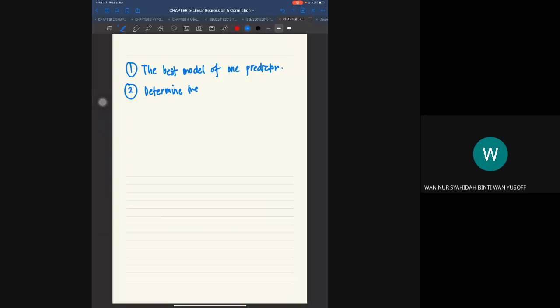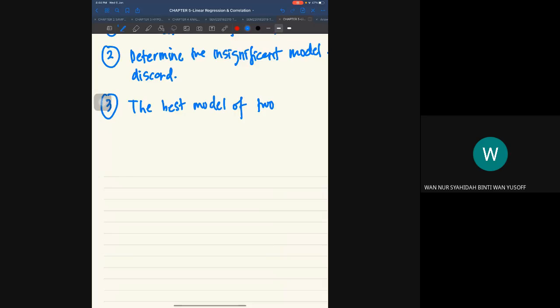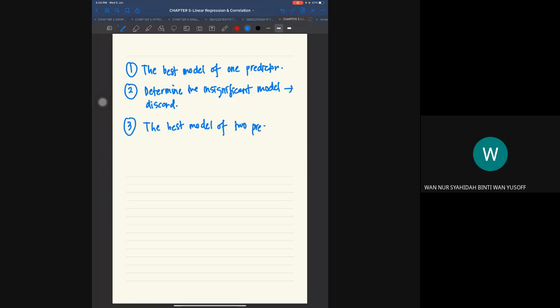Determine the insignificant model and then discard. Then the third step, determine the best model of two predictors.